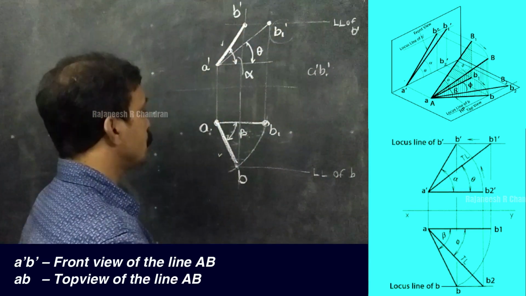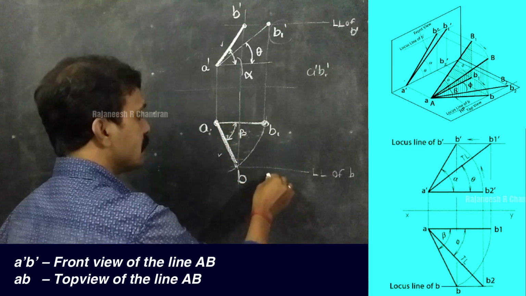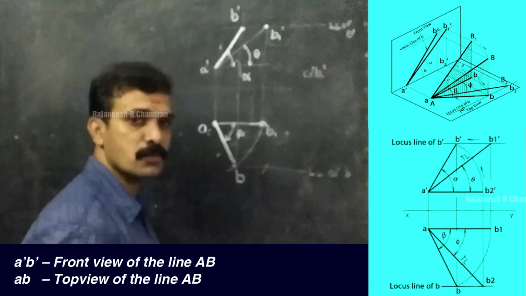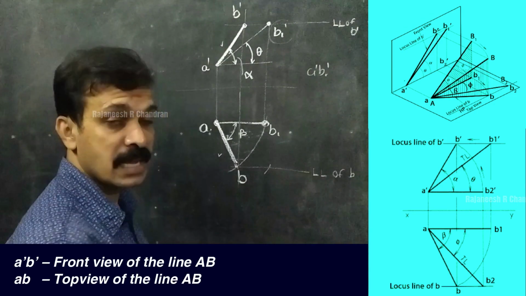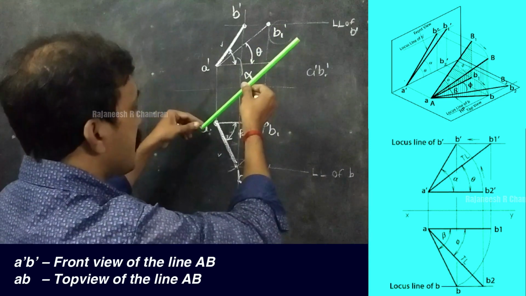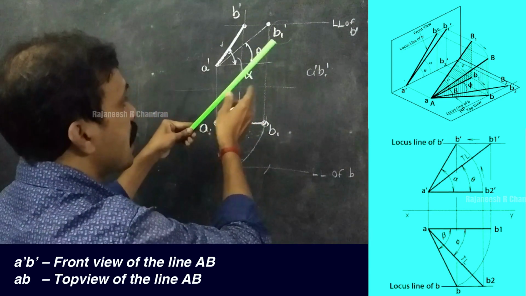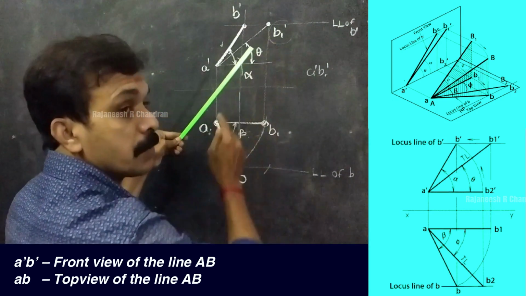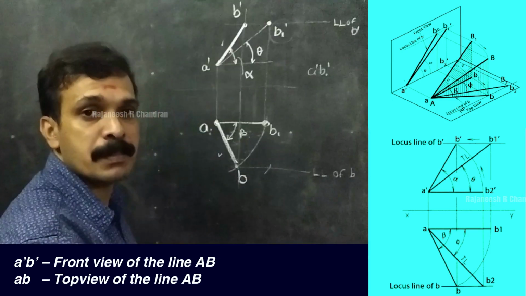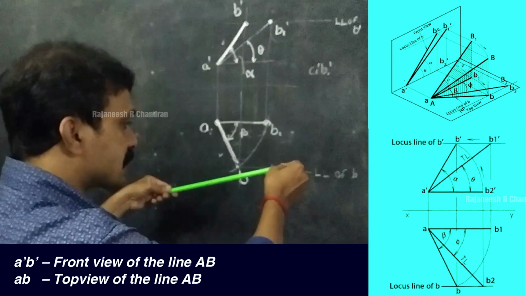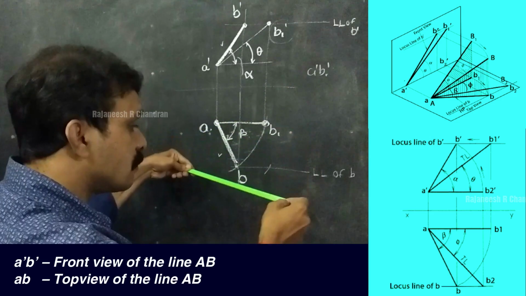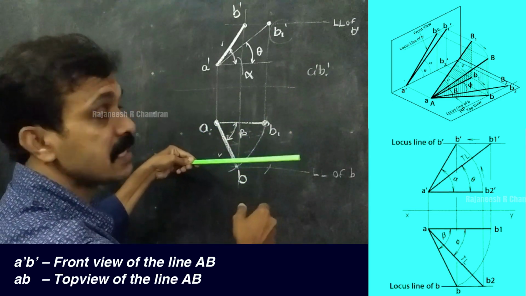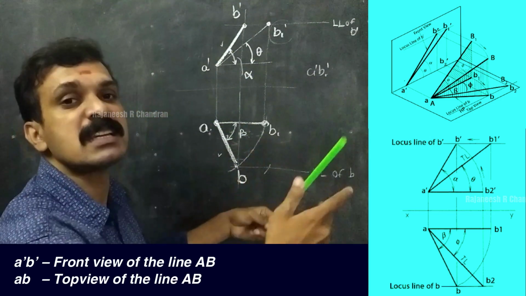Take this value, keeping A as center, and intersect an arc here in the locus line of B. Because as I have told, we can rotate this line by keeping this point fixed and make it parallel with the VP. The same process can be done by rotating this line, and we can make it parallel with the VP also. At the same time, all this process will get reversed.